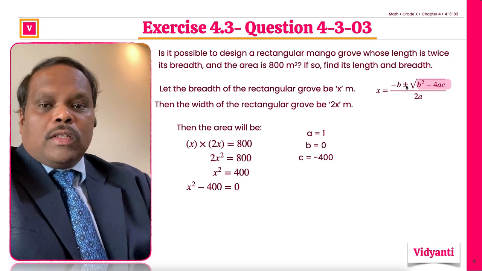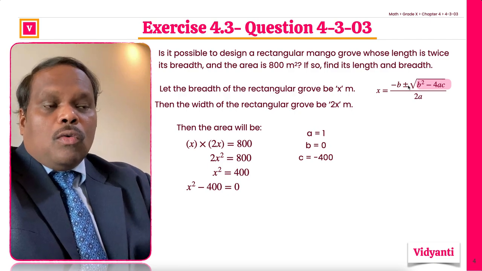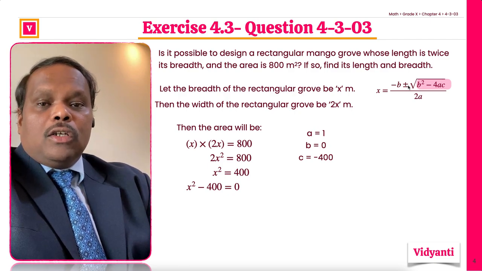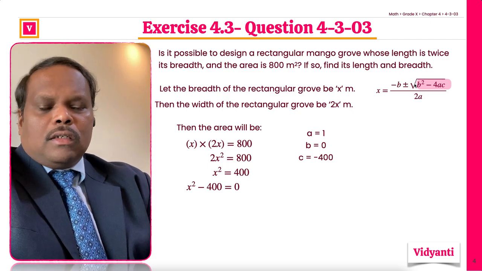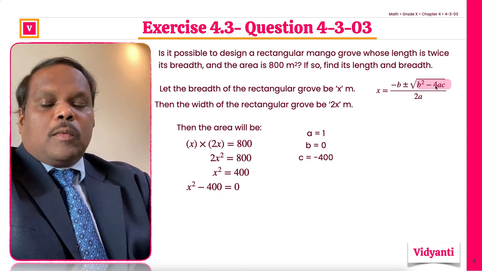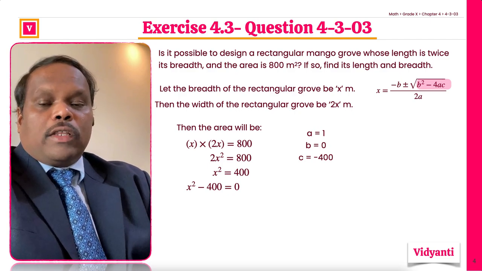That is once added and once subtracted, and that's how we get two separate roots. So who is responsible for creating two separate roots? That is this entire thing. Well, we can omit the square root sign, and eventually it's the b square minus 4ac part that is responsible for giving two different roots for that equation.